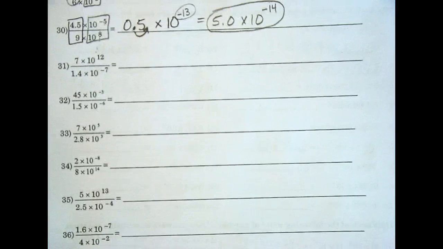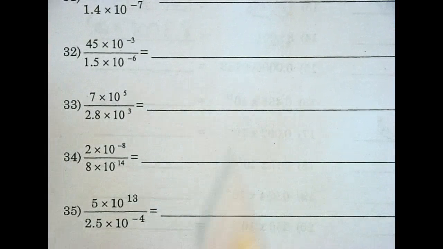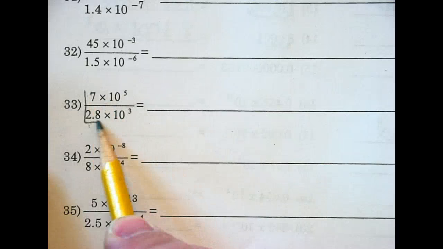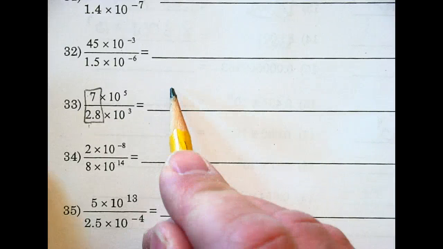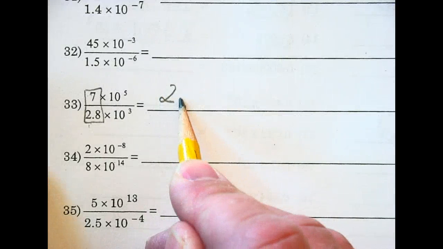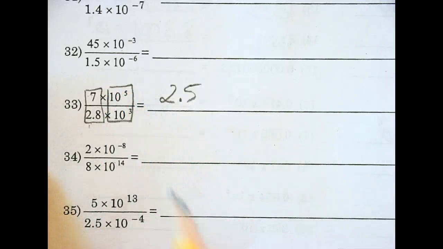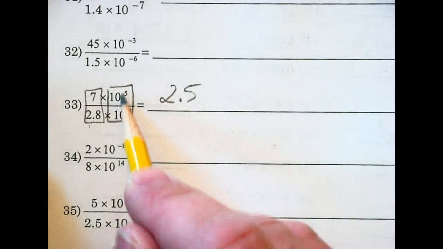I'll be walking. Hey guys, let's look at 33. I want to do a couple problems here. 7 divided by 2.8 is 2.5. 10 to the 5th divided by 10 to the 3rd. Now, I've been saying, where do you have more?